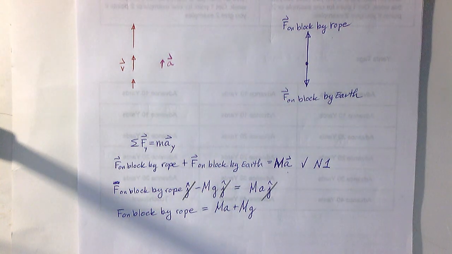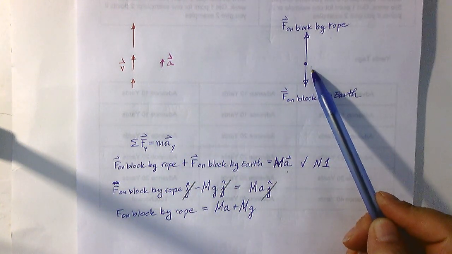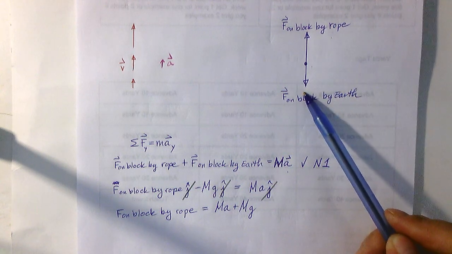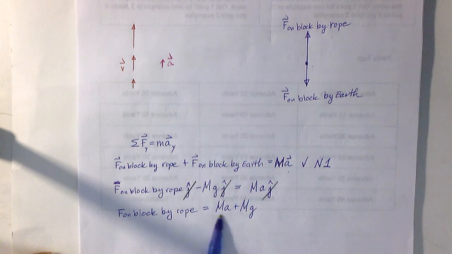So the tension in the rope is going to be more than the weight of the block. Does that make sense? Yes, it does. If it weren't more than the weight of the block, it wouldn't accelerate upward, right? That downward force would have a greater magnitude and it would accelerate down. So we want this to be larger than the weight, and it is.